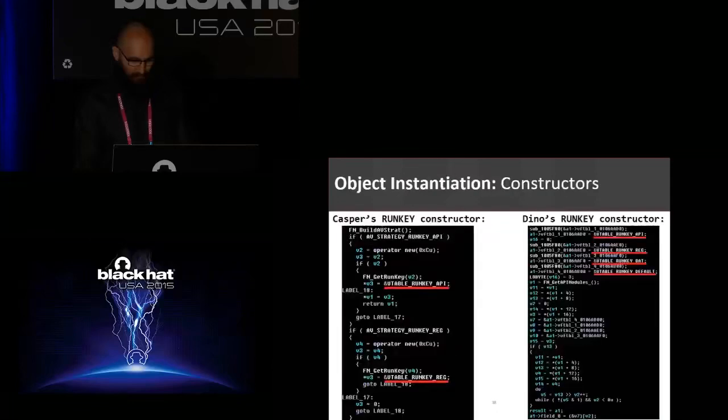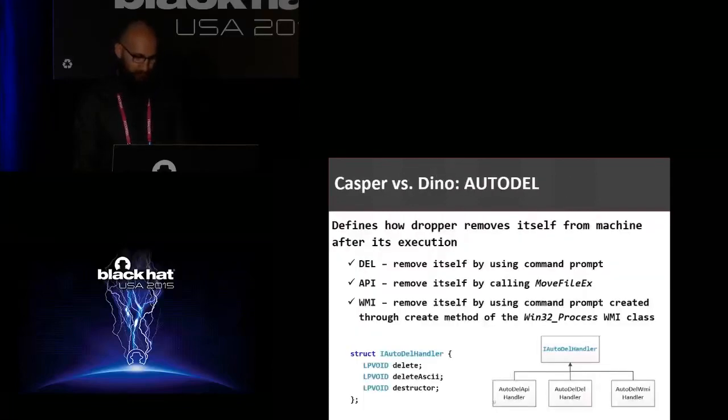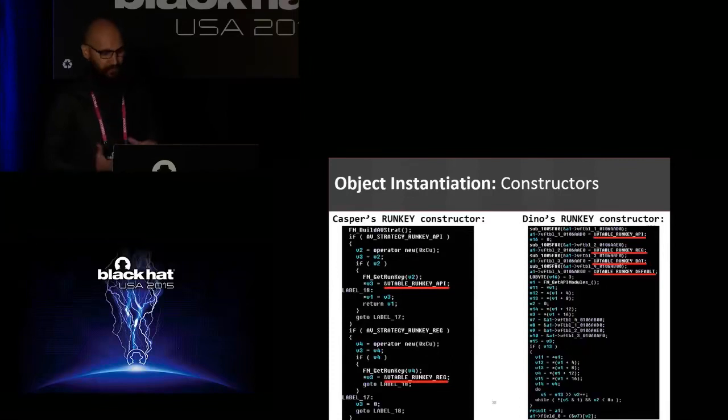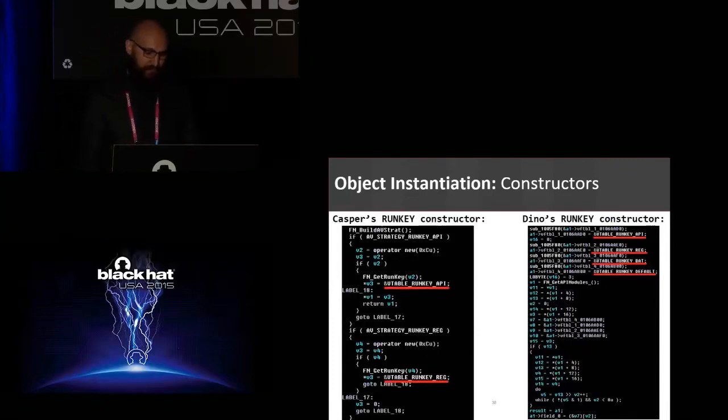Looking here, this is a comparison of exactly how object creation and constructors looked. If you look at the run key in Casper, it creates 2 different objects.